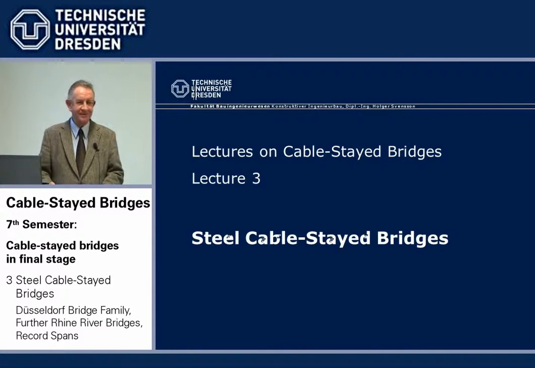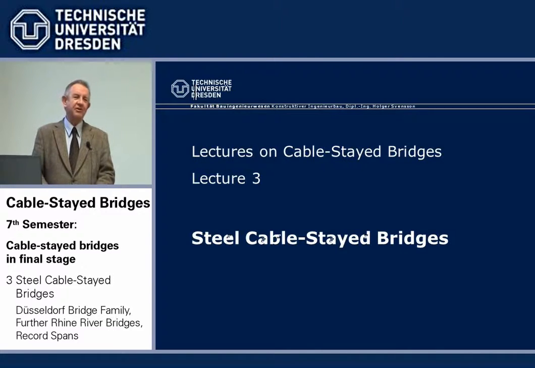Good morning. Since last time we looked into the precursors of cable-stayed bridges, roughly until World War II, we now start with the modern true cable-stayed bridges, and we distinguish these in steel cable-stayed bridges.